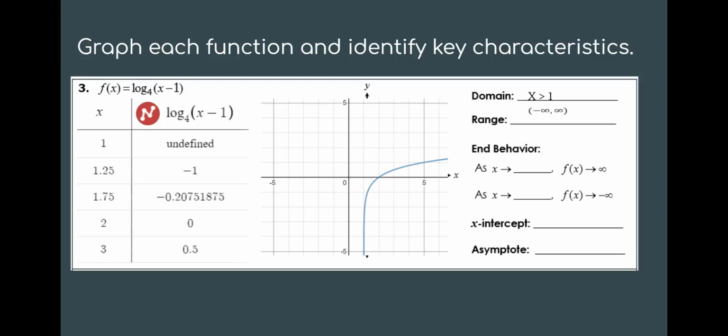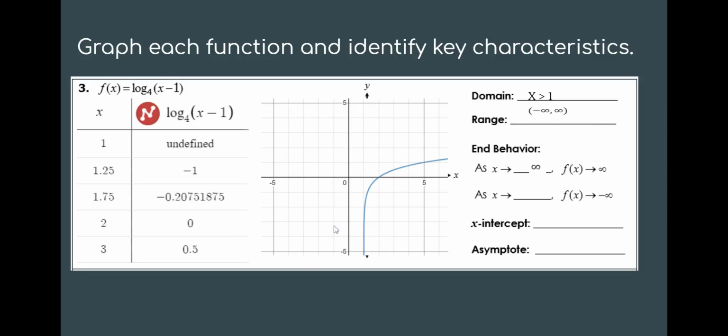The key characteristics, again: the domain is all of the x values greater than our asymptote, which is 1. So the domain is every x value greater than 1. The range is all real numbers, or from negative infinity to positive infinity. The end behavior: as x approaches positive infinity, y is approaching positive infinity.